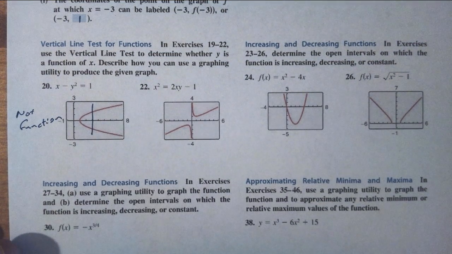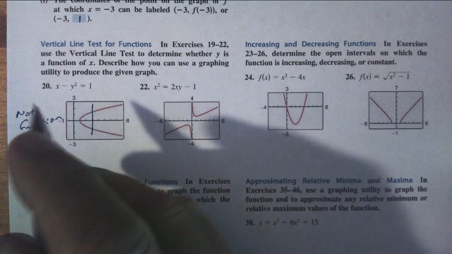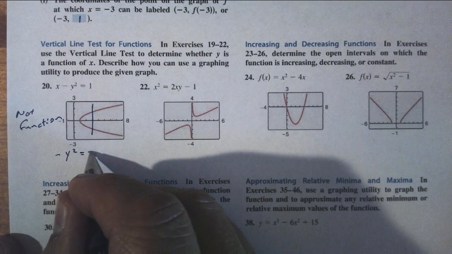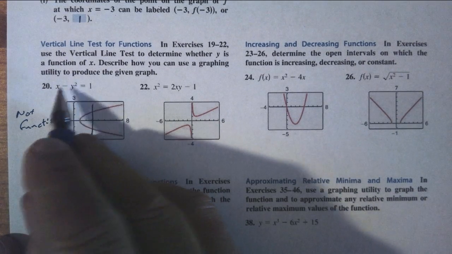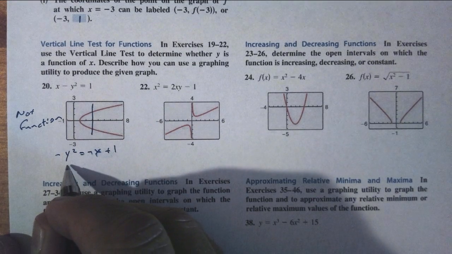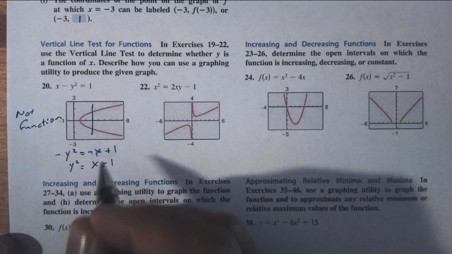Because our calculator wants us to put y equals in. What we'd have to do is take this equation and solve it for y. So let's try that. I get negative y squared equals negative x plus 1, after I subtract x on both sides. Multiply both sides by negative. I get y squared equals x minus 1.